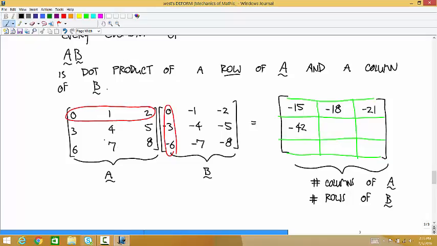Now for the 2, 2 element, we're going to use the second row of A and the second column of B. That's 3 times -1, 4 times -4, 5 times -7, so -35. What is it? 64? 54. Oh, 54. So is the next one going to be 66?